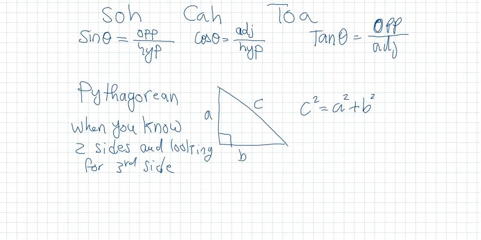Side B. How can I solve for side B? So in this case, because I'm looking for this, my formula is going to change. So I'm going to have to bring the A squared over. So that becomes C squared minus A squared equals B squared.